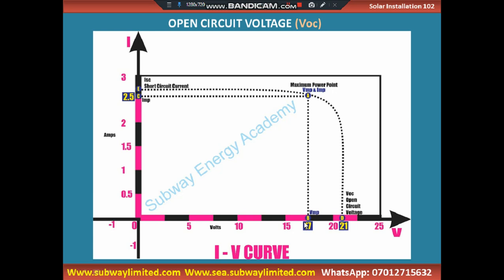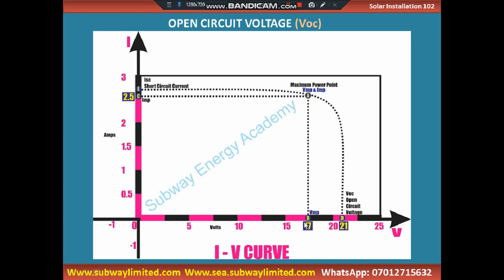Most times, desperate sellers might manipulate the solar nameplate. So if you go to the market with your multimeter, you will be sure of what you have when you are buying your solar panel.